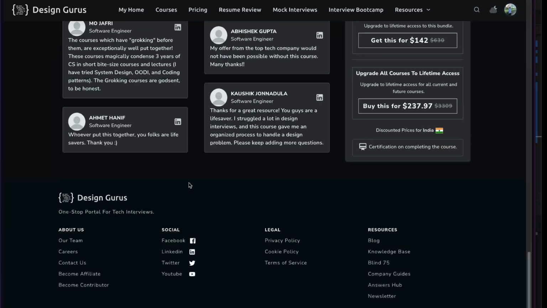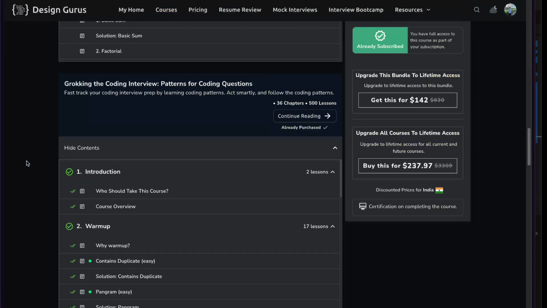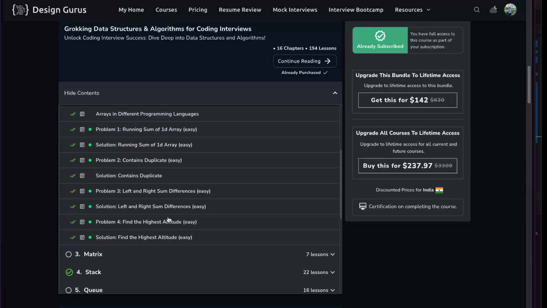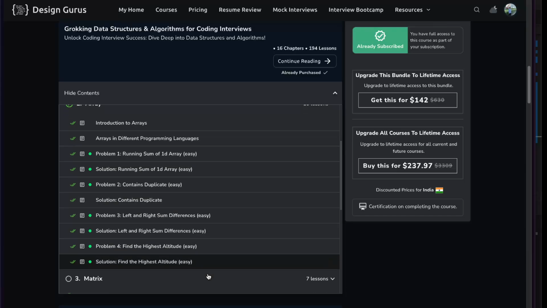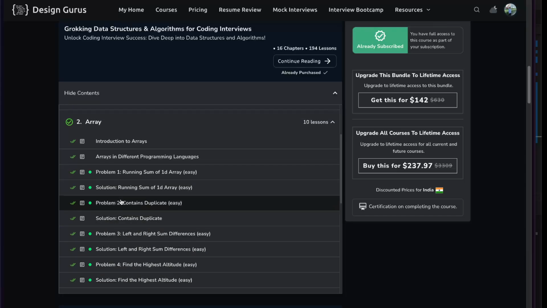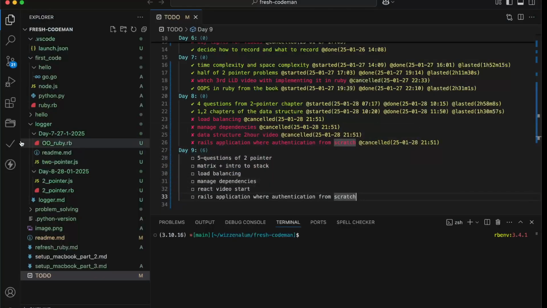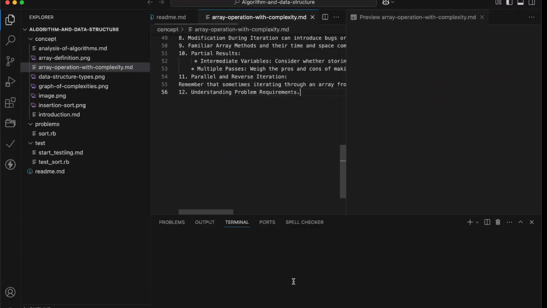And then in the second half, I finished the first and second chapter of data structure from the same place. This is the introduction to data structure, where these are the array, problem 1, problem 2, problem 3, problem 4. And I added some of the details to my other repository, algorithm and data structure.